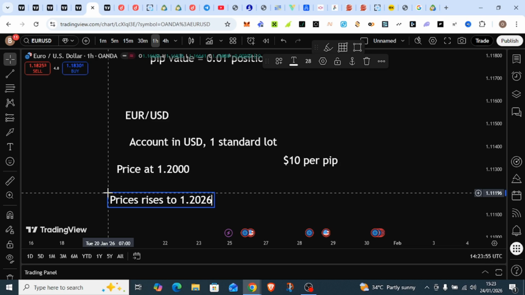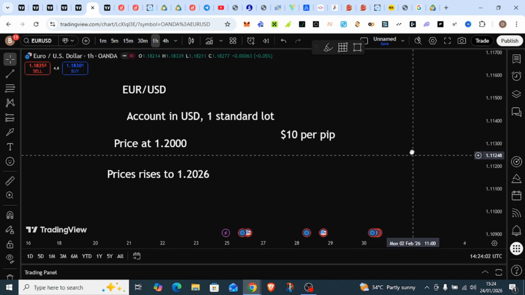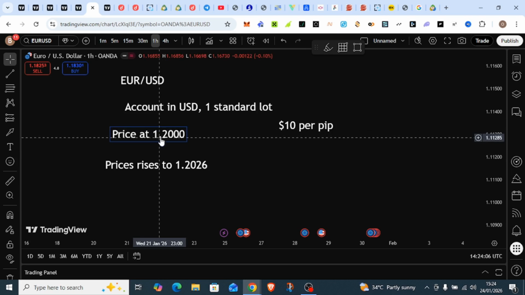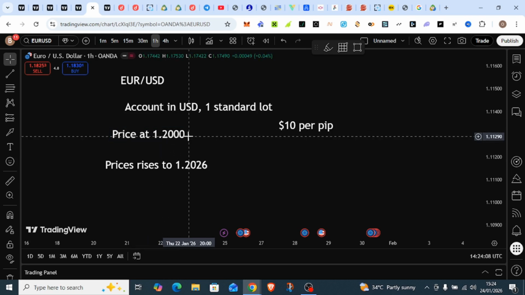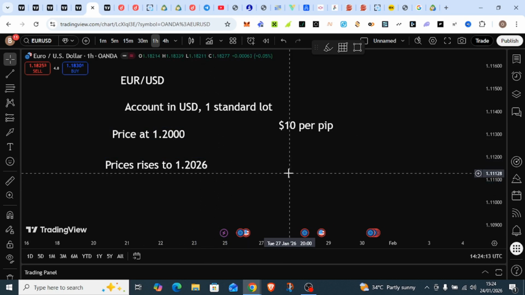What you need here now to calculate this is price moved from 1.2000 to 1.2026. You get your pips and you multiply it by the pip value to know how much you get.